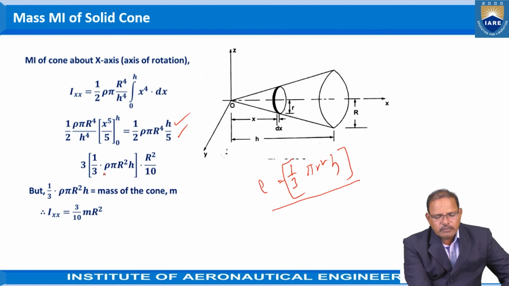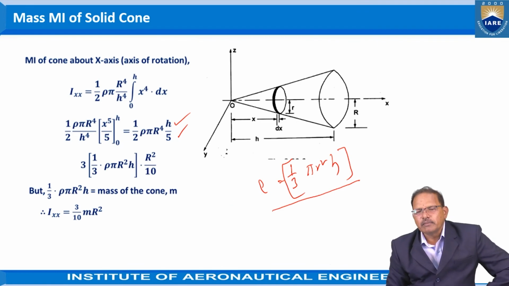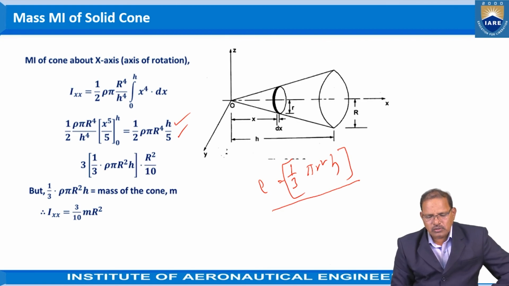Hence, taking out 1 by 3 into rho pi R square h, the remaining value is R square by 10, because 2 into 5 is equal to 10. So it is equal to 3 by 10 m R square. It represents the mass moment of inertia of the cone about the axis OX according to that figure.